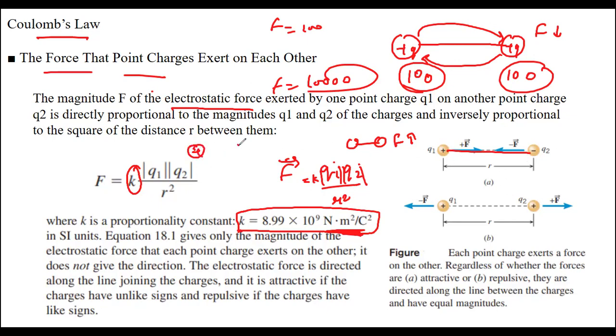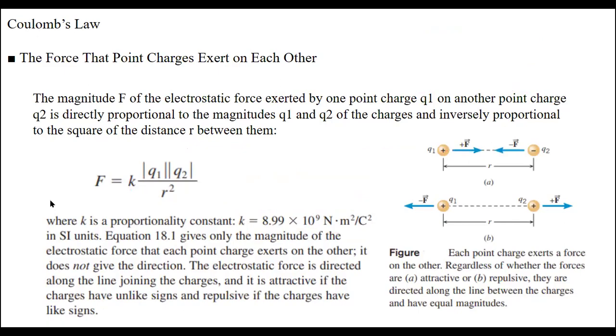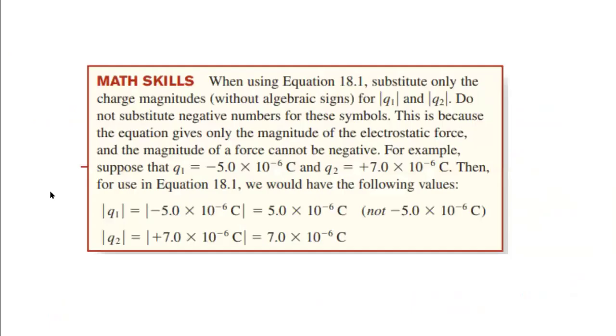If this is positive and this is negative, then the force will be attractive. However, if they are the same charges, negative negative, or positive positive, the force will be repulsive in nature.